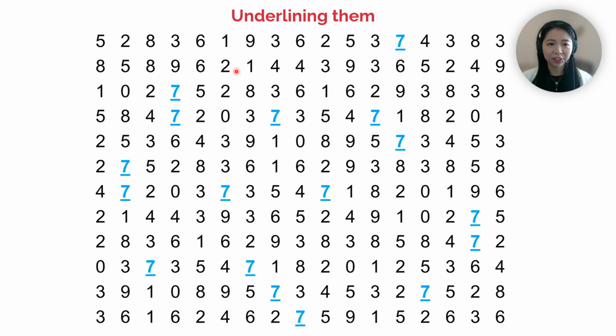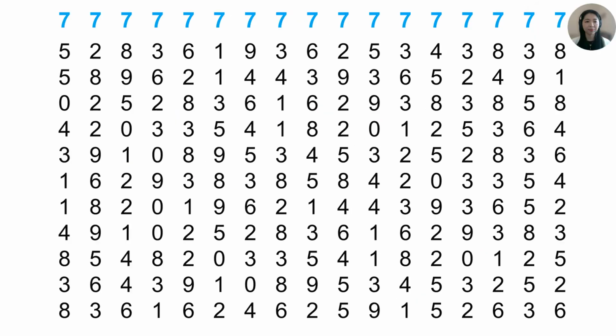In this version, I have added underlines to the sevens. This is another way to create emphasis. We can use colors, bold text, or underlines to help draw attention to key points. And the goal is always to make data easier to understand.